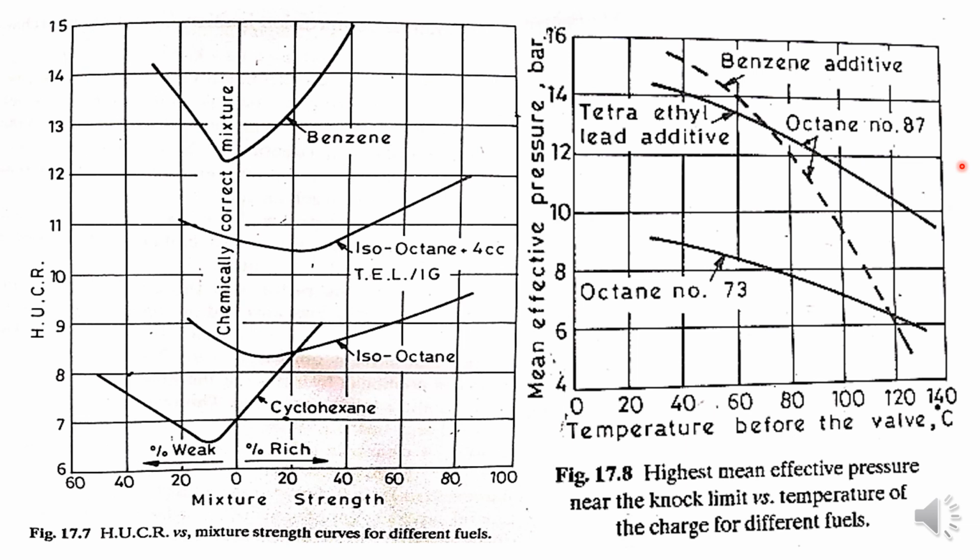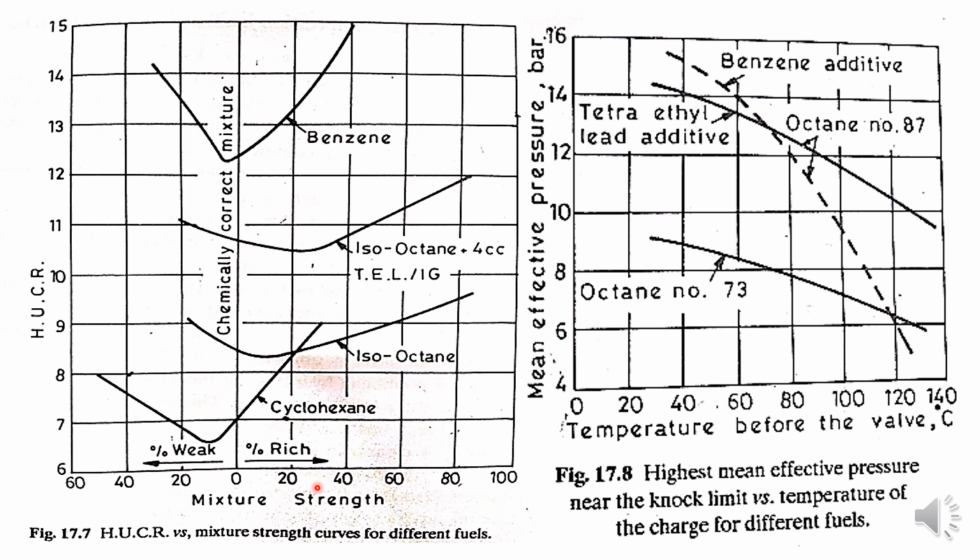So the strongest knocking occurs near the chemically correct ratio. See, near the chemically correct ratio we will have the lower compression ratio. That means if you maintain the chemically correct ratio, then the knocking tendency may increase. Very rich and very lean mixtures might have non-knocking characteristics. Because of this, we can use supercharged engines.